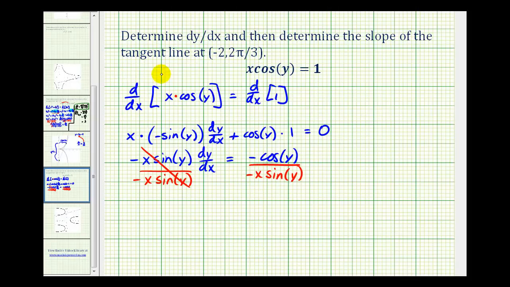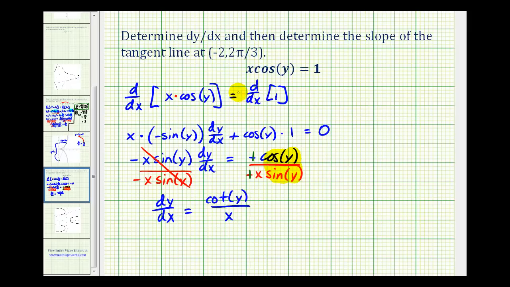So this simplifies out, and we're left with dy/dx equals this quotient here. A negative divided by a negative will be positive, and then cosine y divided by sine y is equal to cotangent y. So we'd have cotangent y divided by x.